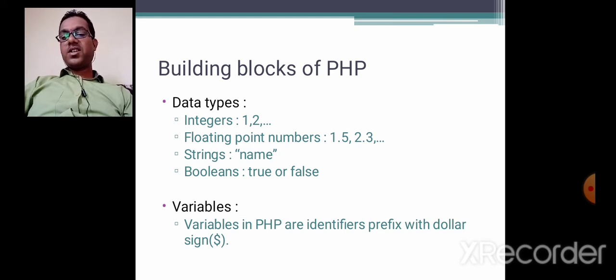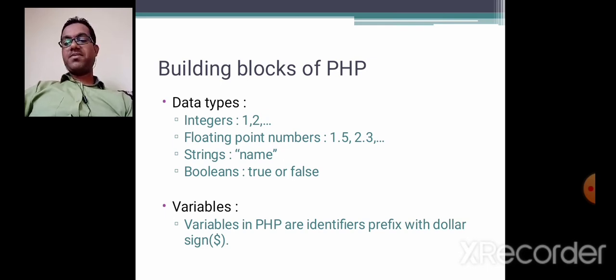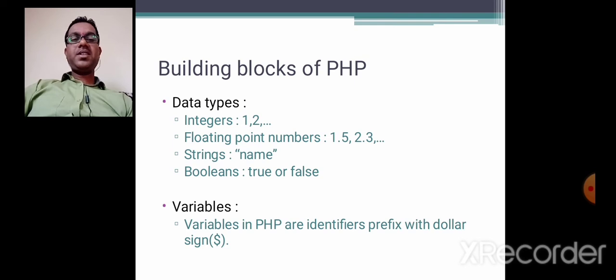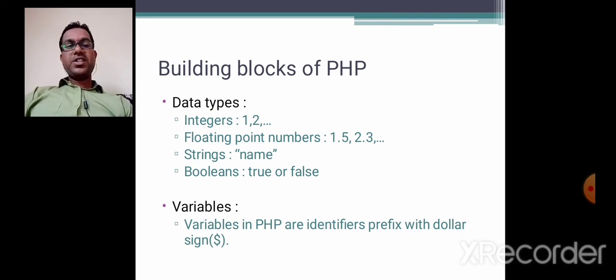The data type determines the operations that you can perform on it. PHP supports 8 data types. 4 are scalar types, that is integer, float, string and boolean, and 2 are compound types, that is array and object, and there are 2 more special data types in PHP, that is resource and null.